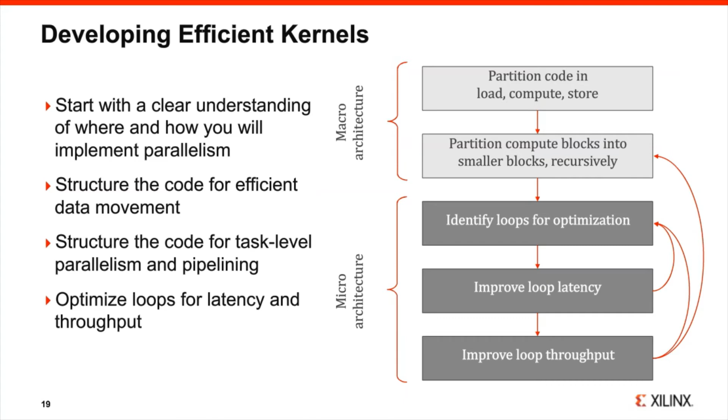You should understand the data dependencies within and across the compute stages. Understand which tasks can run in parallel and which must be sequential. Determine where and how you will achieve parallelism and how data should flow for optimal performance.